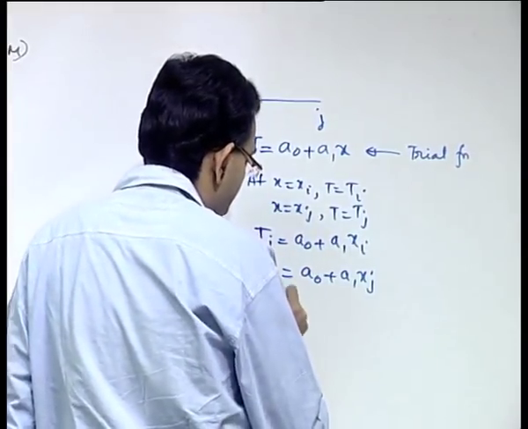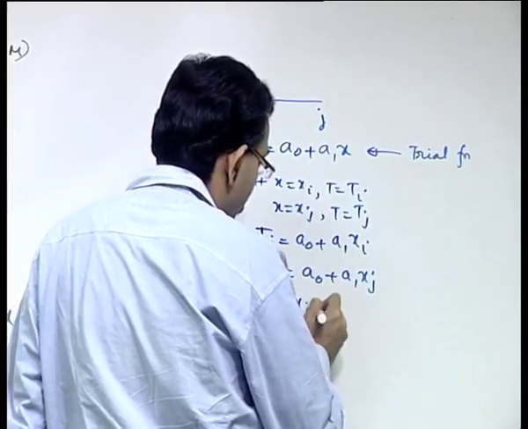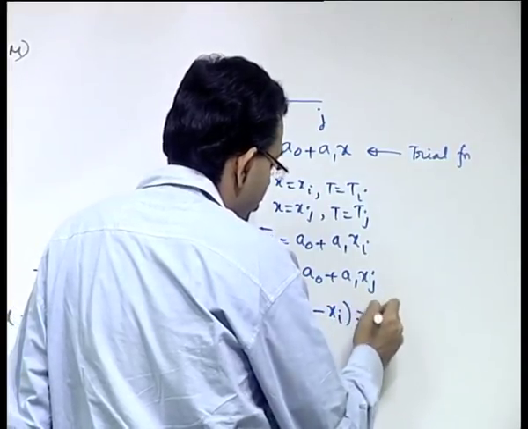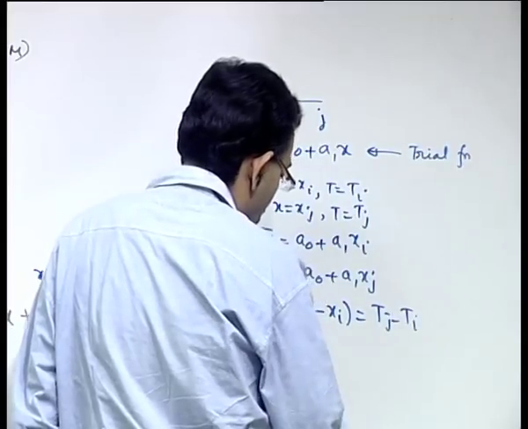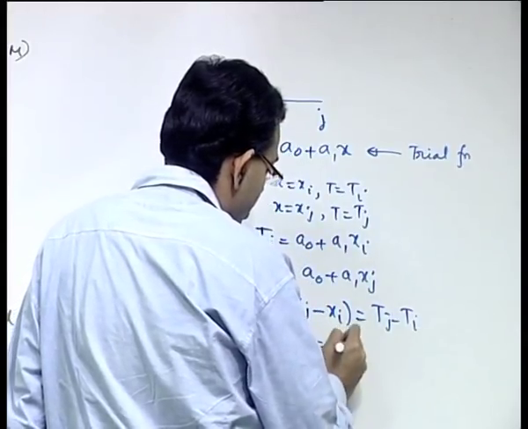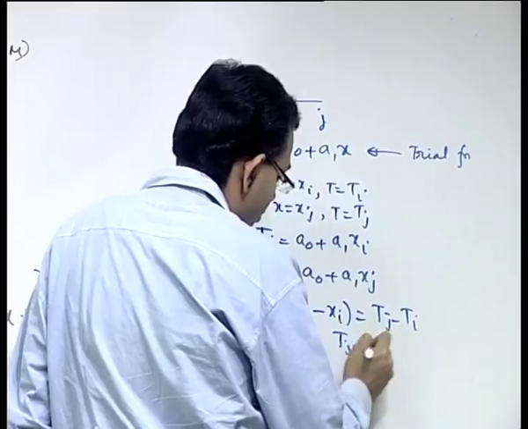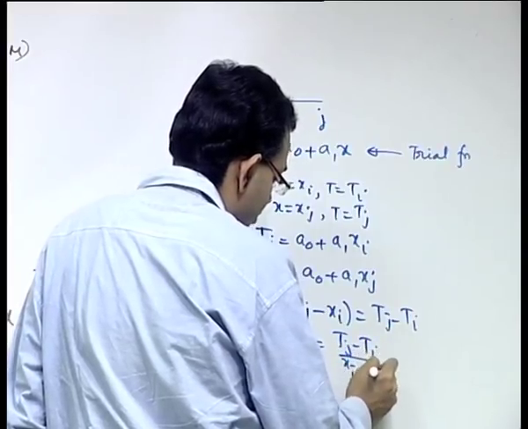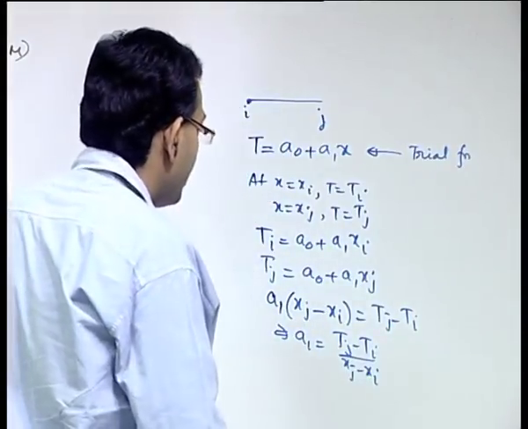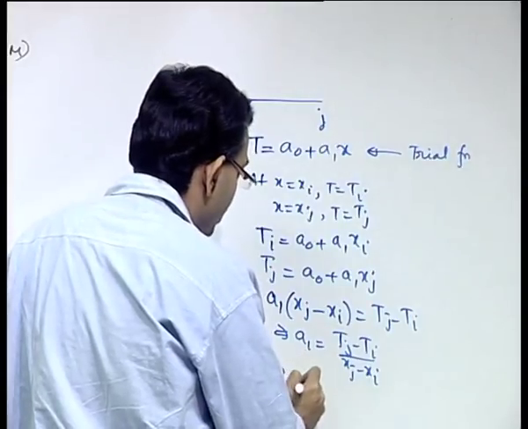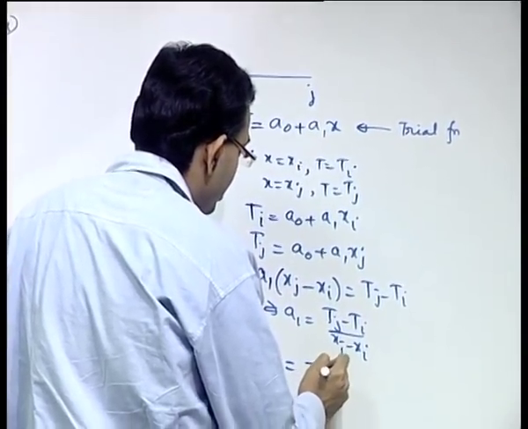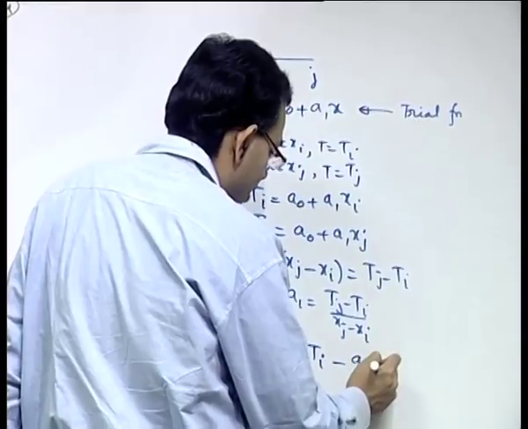So, for example, for a1, if you subtract these two, a1 into (xj minus xi) is equal to Tj minus Ti, which means a1 is (Tj minus Ti) by (xj minus xi), and you can find out a0 from any one of the equations. Say the first equation, it is Ti minus a1 xi.